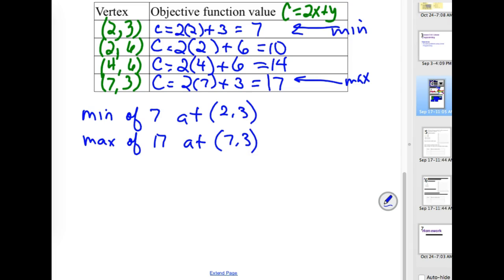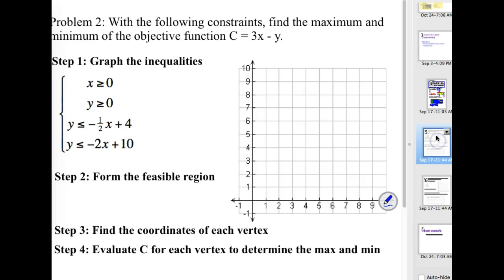All right, let's try another one. It says, with the following constraints, find the maximum and minimum of the objective function c equals 3x minus y. So this first step we said was to graph all of our constraints. What does it mean to say that x and y have to be greater than or equal to 0?